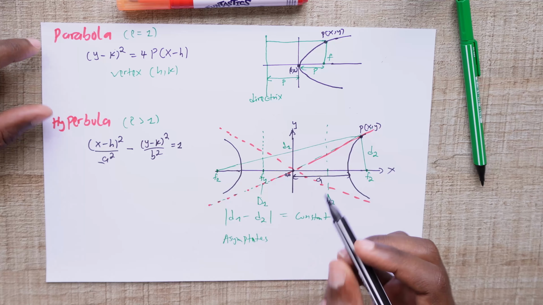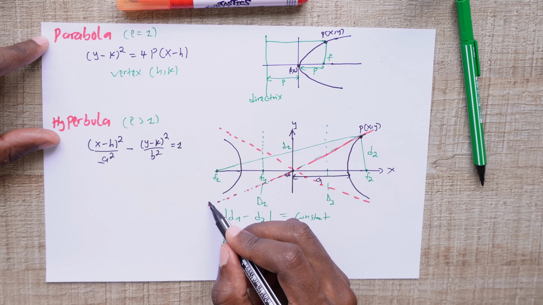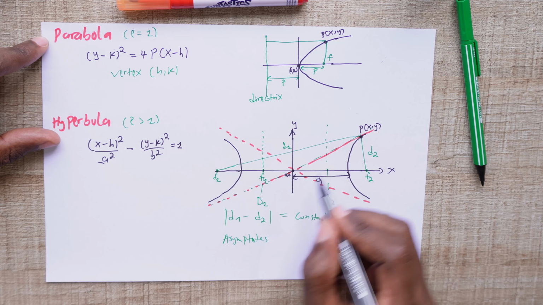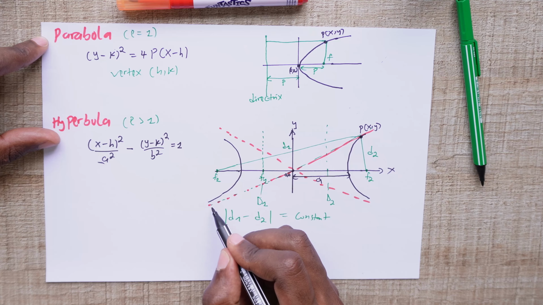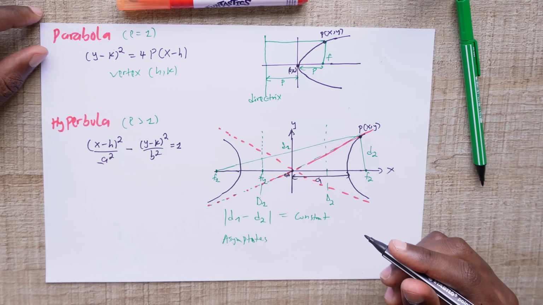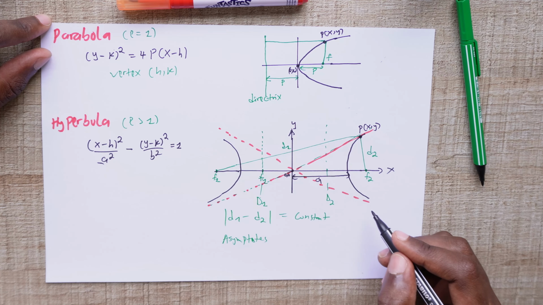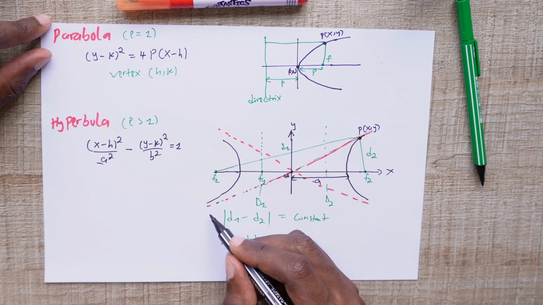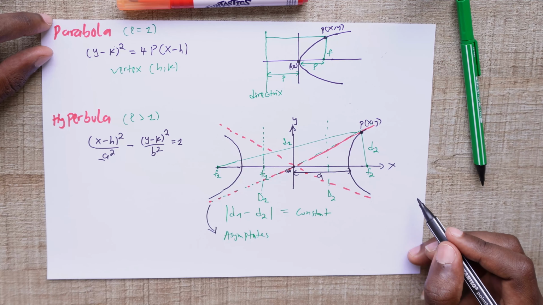These two lines would never touch the hyperbola. They're going to get very, very close to it, but they will never touch. These lines in mathematics are known as asymptotes. They are tangent to the curve at infinity.